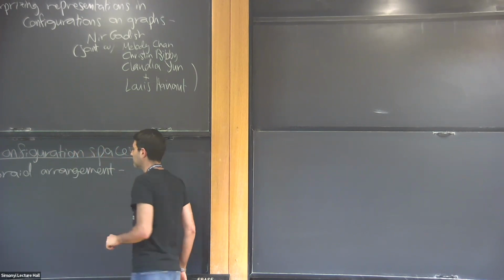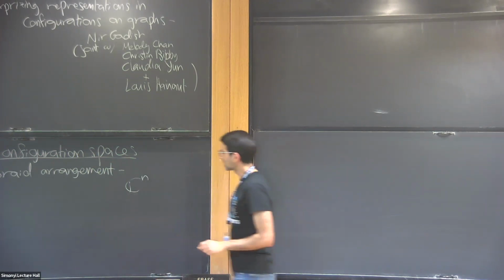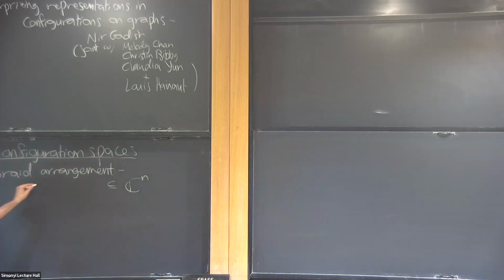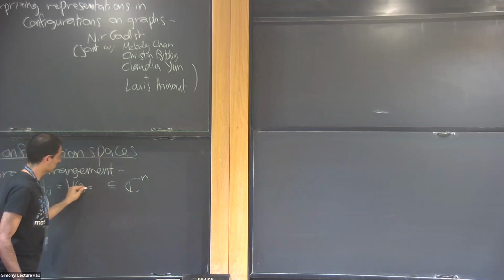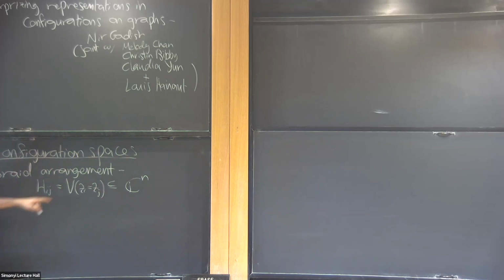The braid arrangement is a hyperplane arrangement, thinking concretely inside the complex numbers, and it's the collection of hyperplanes that we might call H_ij, which is the locus where the ith coordinate and the jth coordinate are equal, and I'm thinking about all the pairs where i is not equal to j.